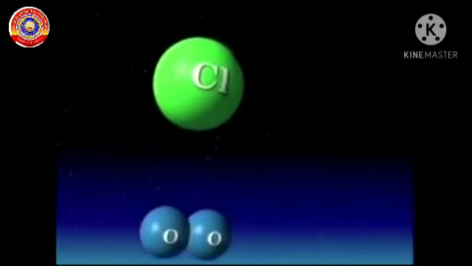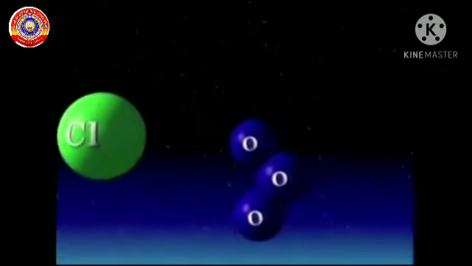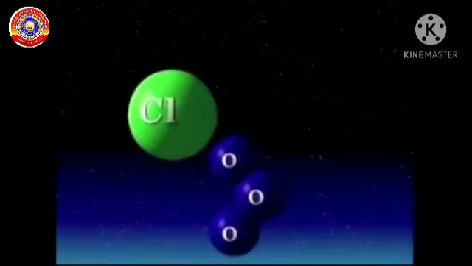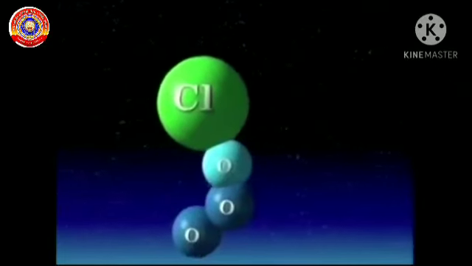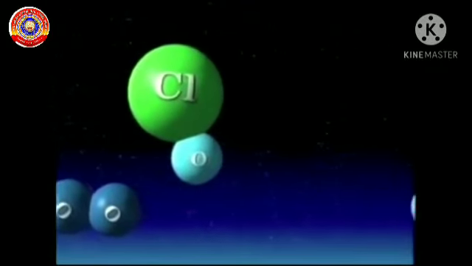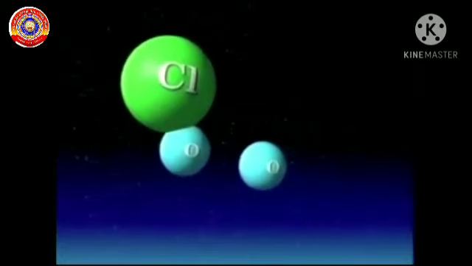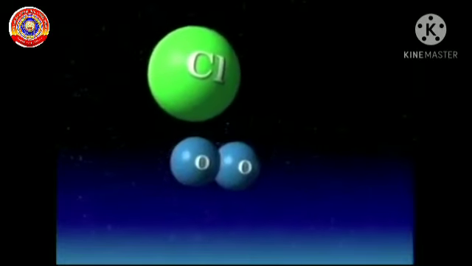The chlorine, formed as a result of self-decomposition, decomposes the ozone molecule into oxygen. This disturbs the ozone-oxygen cyclic equilibrium, leading to reduction in the amount of ozone in the stratosphere. This phenomenon is known as ozone layer depletion.